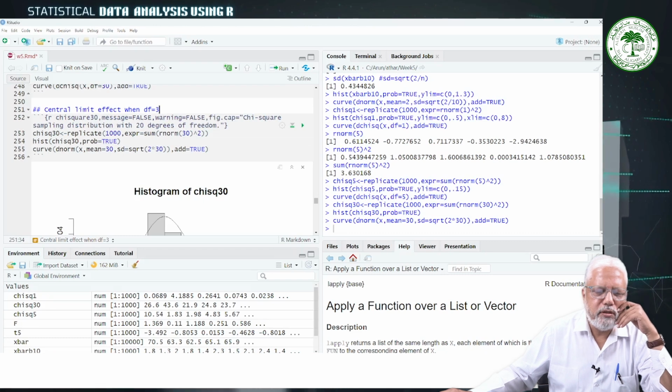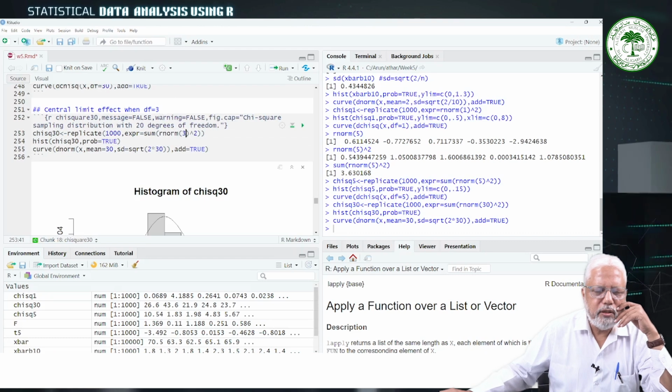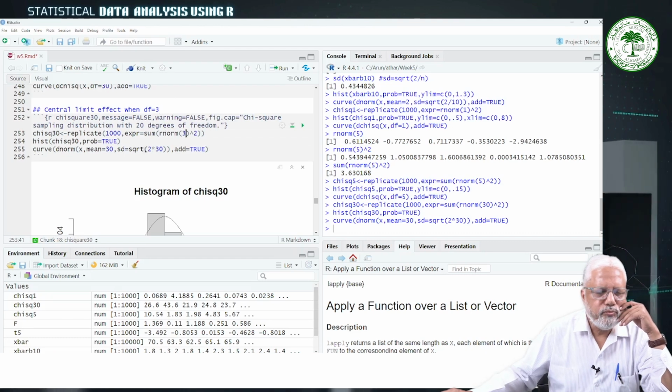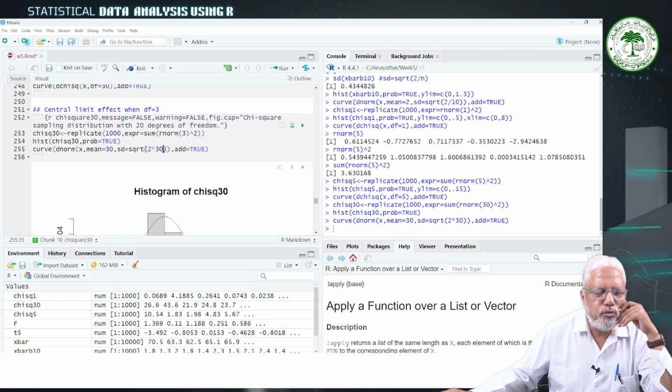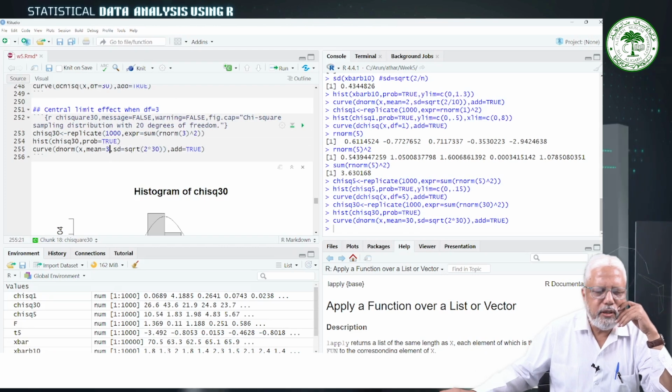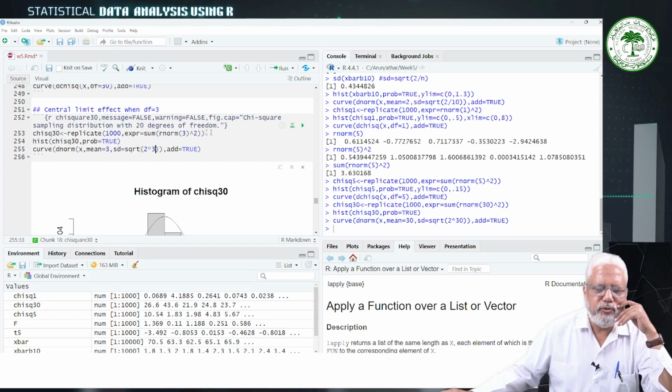So here we are just making 3, and here it should be 3, mean should be 3, and SD should be square root of 2 into 3. Now see what happens.